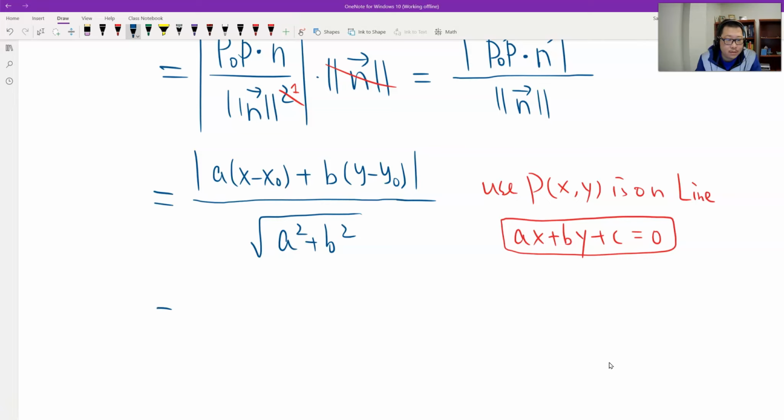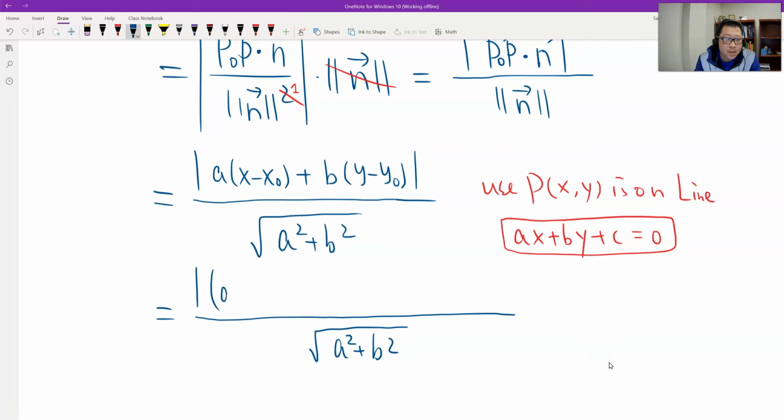I can do another. Change it a little bit. The denominator is still there. Now change the numerator. I put the x and y together, which is ax plus by. Because there is a c here, I can make a c right here.